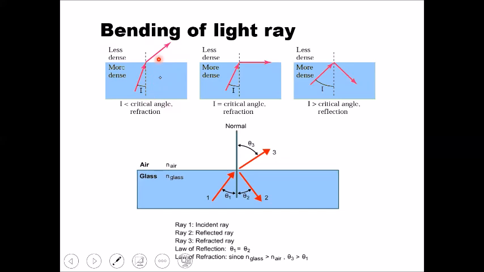So this figure kind of shows how the light ray changes direction. So all right, so let's draw a normal, like this, dotted black line would be the normal to both the surfaces, right?